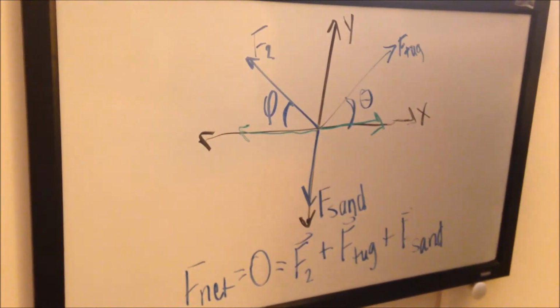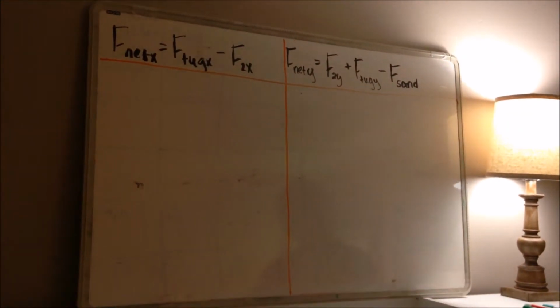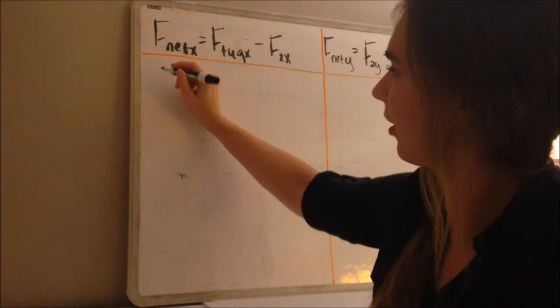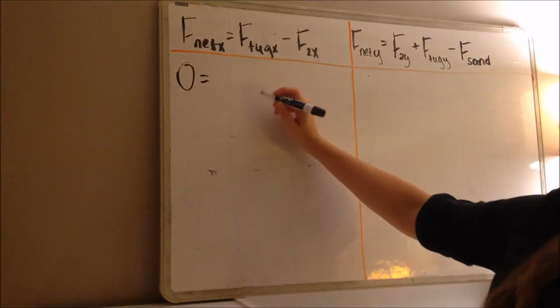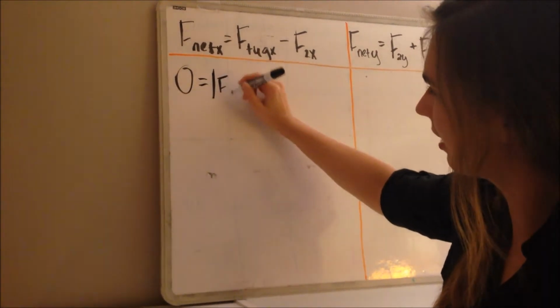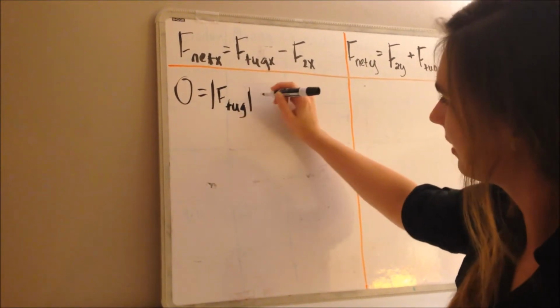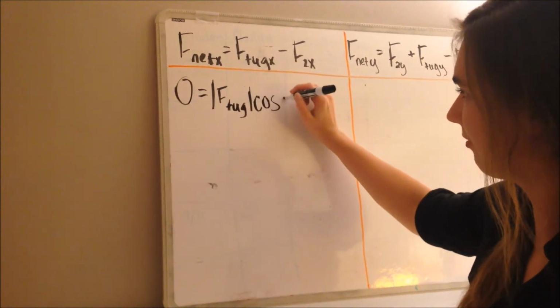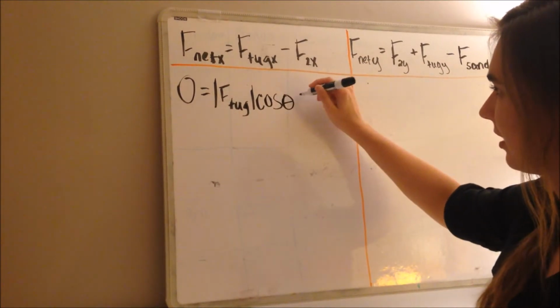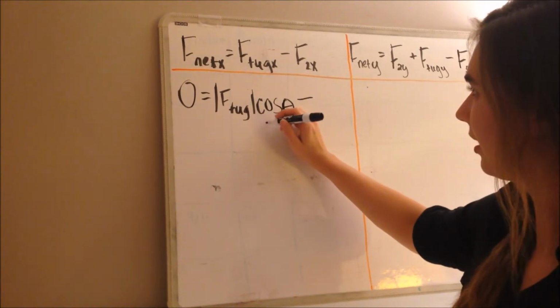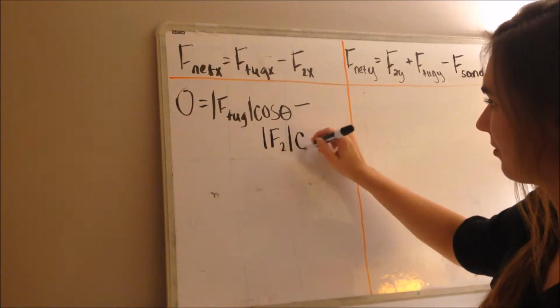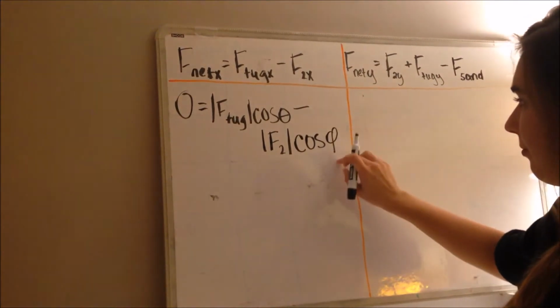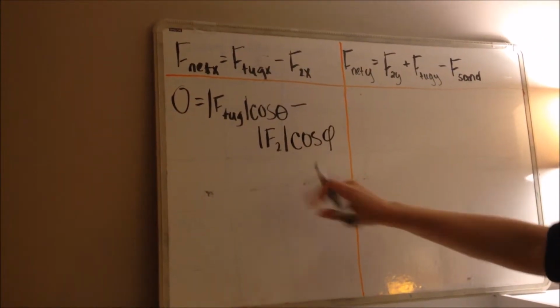Now, when we do this, coming back to the other board, we're going to get 0, because remember F net is always going to equal 0, equals the magnitude of F tug times the cosine of theta, subtracted by the magnitude of the unknown force times cosine phi, which we just get from trig.